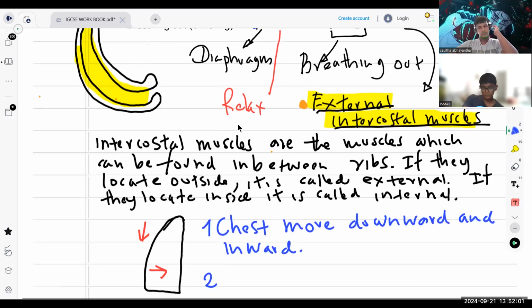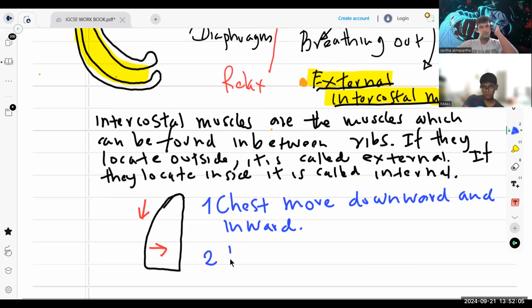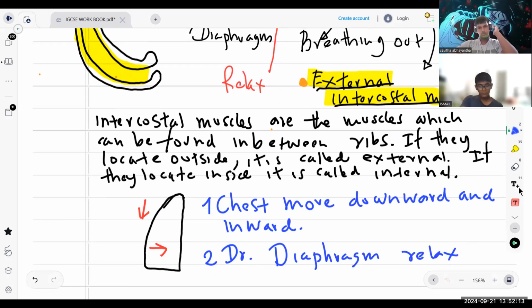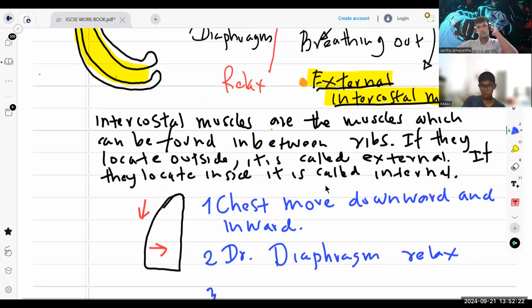Second one I take from this: diaphragm relax. So DR stands for diaphragm relax. Diaphragm relax. Now we're going to see the muscles.